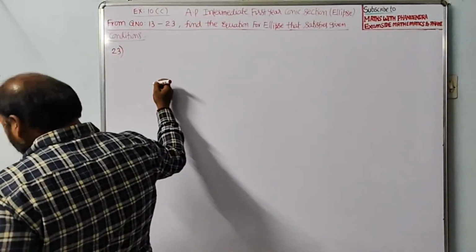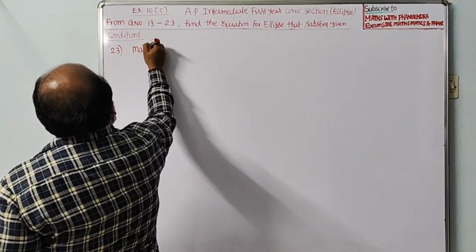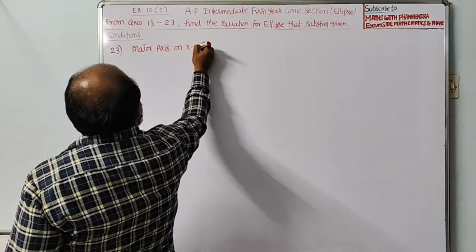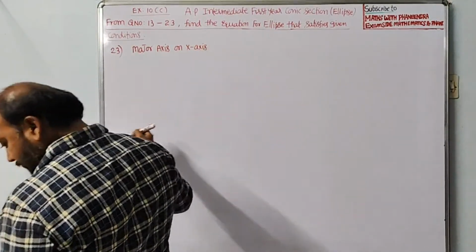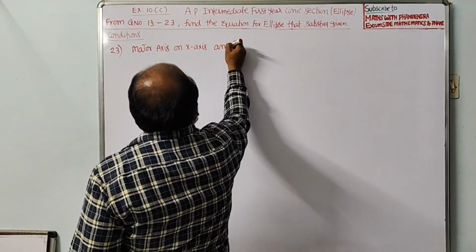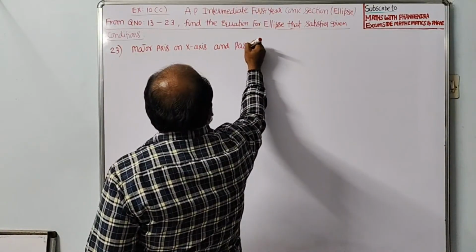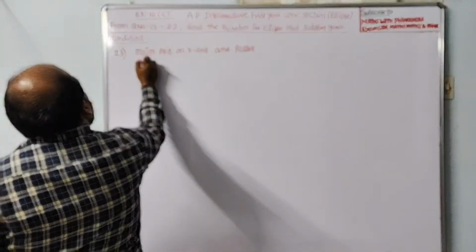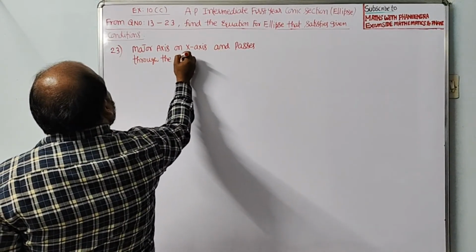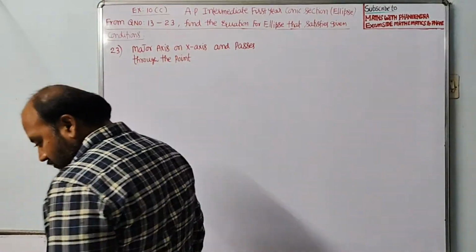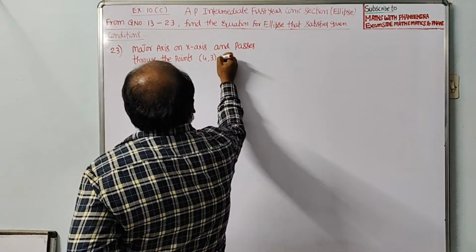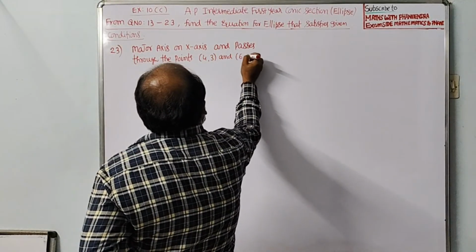Major axis on x-axis, and passes through the points 4, 3 and 6, 2.